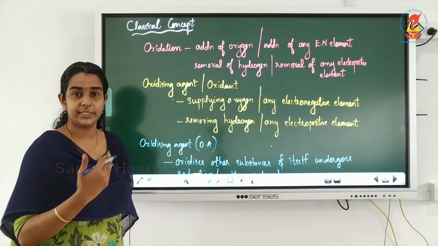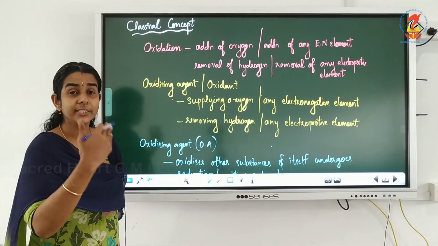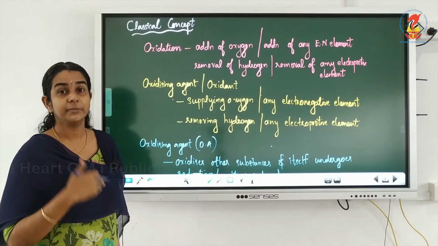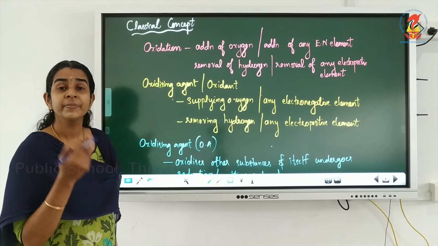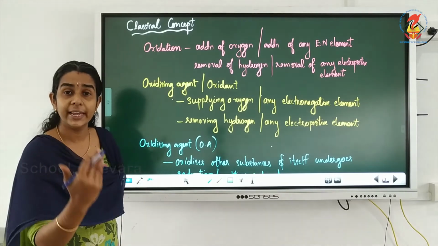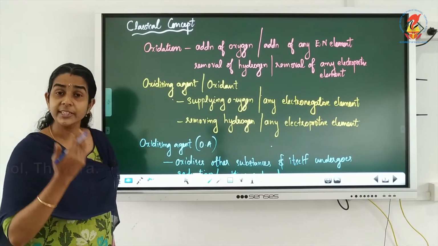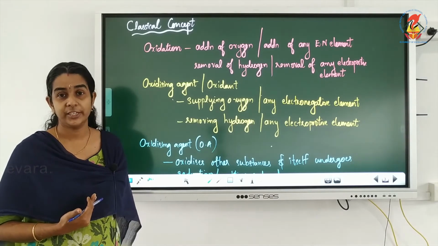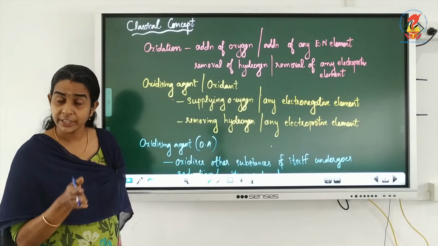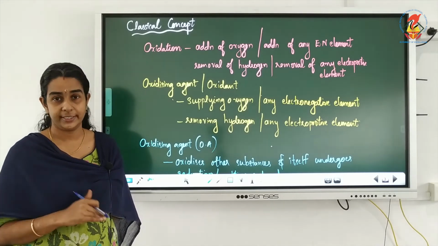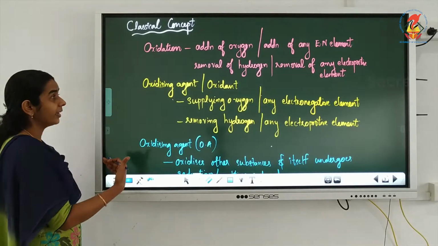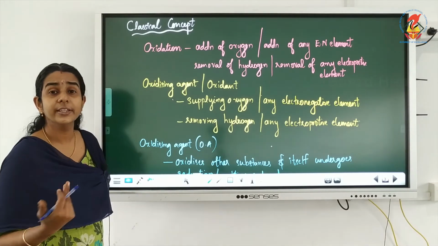Oxidizing agents means they are oxidizing other substances by supplying oxygen or by supplying a highly electronegative element. Now we know that there is one more definition for oxidation, isn't it? Removal of hydrogen or removal of any electropositive element like metals. So, how can we define an oxidizing agent in another way?